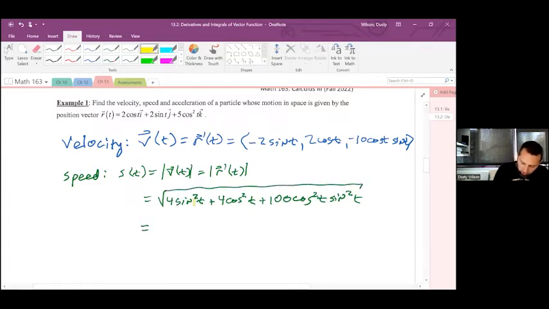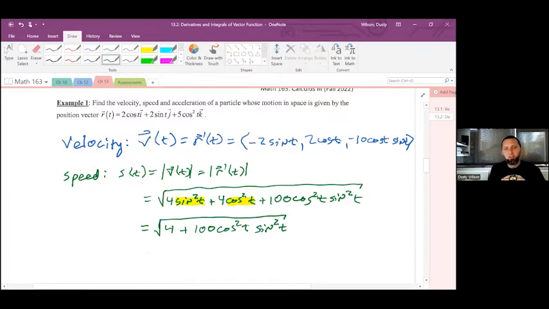Notice that you have a sine squared plus cosine squared, which is 1. So 1 times 4 is 4. So I think this simplifies to the square root of 4 plus 100 cosine squared t sine squared t.